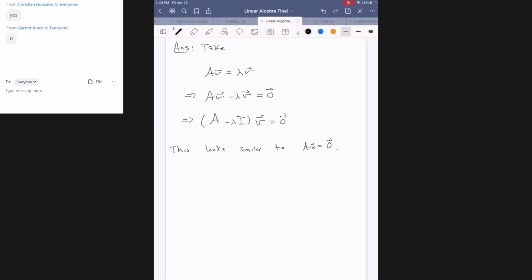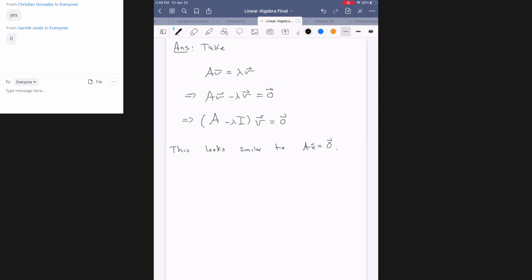Remember how we talked about equivalent statements, like this solution has a non-trivial vector, which means A is invertible. What can we use out of those equivalent statements to guarantee that V won't be 0?